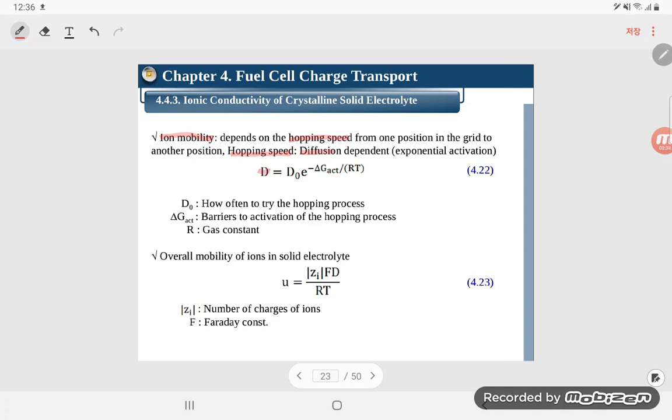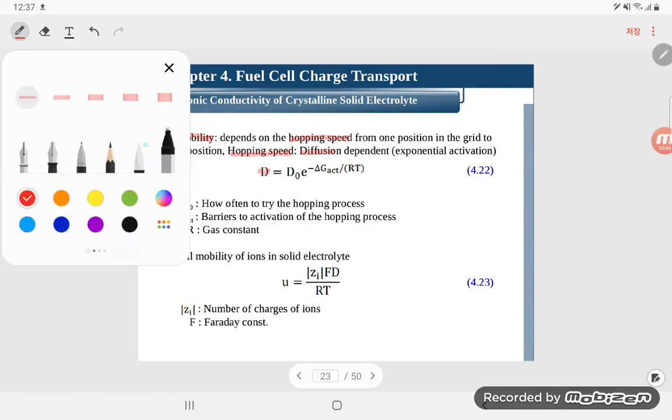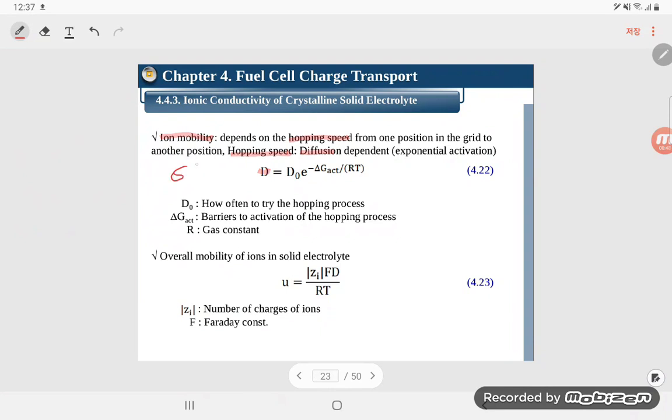So the conductivity is proportional to the diffusivity, and this diffusivity is defined like this.